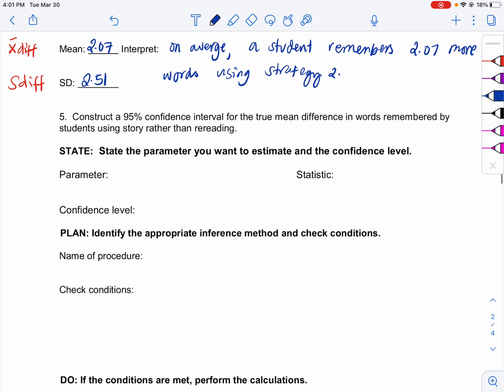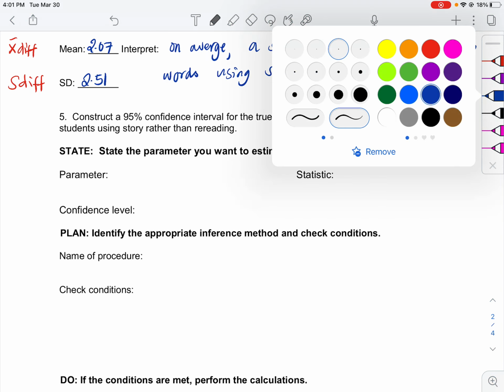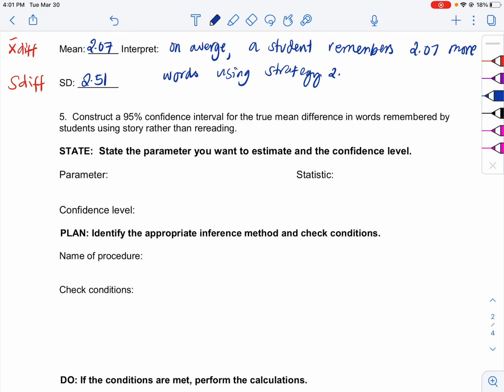Construct a 95% confidence interval for the true mean difference in words remembered by students using strategy rather than rereading. State the parameter you want to estimate and, of course, your confidence level. So my parameter is mean difference. Please take note of the difference.